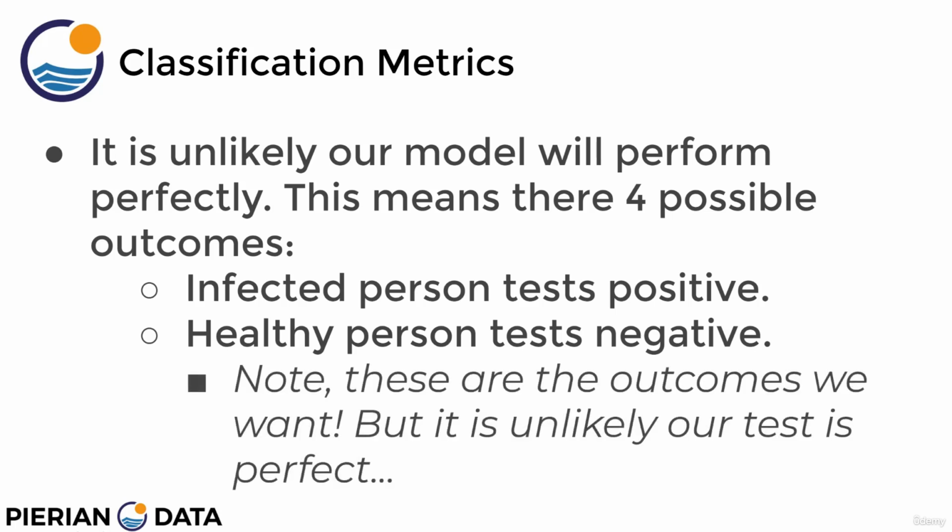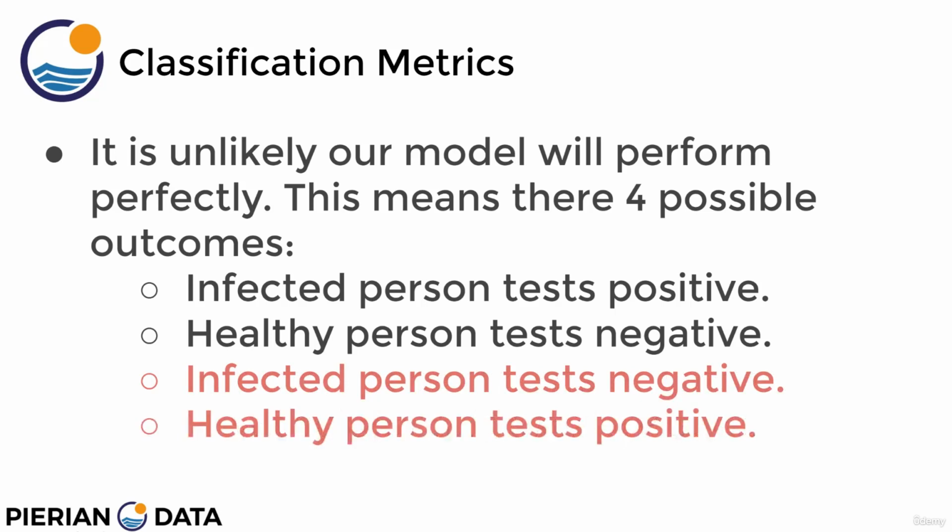Note that these are the outcomes we actually want, correct predictions, but it's unlikely our test is perfect in the real world, meaning there's 2 other possibilities. We could incorrectly say an infected person tests negative, or our model could incorrectly say that a healthy person tests positive, essentially saying, for each of these, that an infected person doesn't have the virus, which is not true, or a healthy person does have the virus, which is also not true.